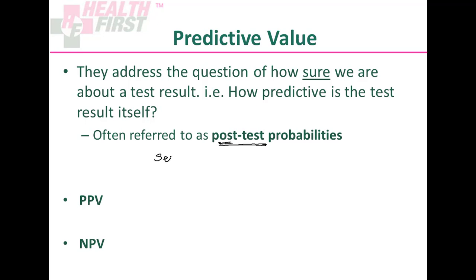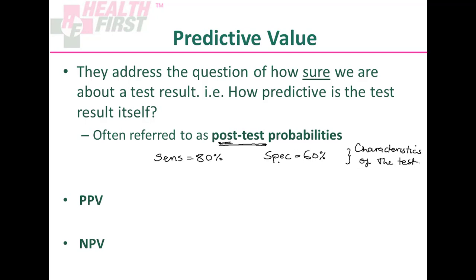We calculated our sensitivity as 80% and our specificity as 60%, right? So if I tell you that I have this new test, and I'm going to run it on you as a patient, remember, these values are characteristics or properties of the test, right?